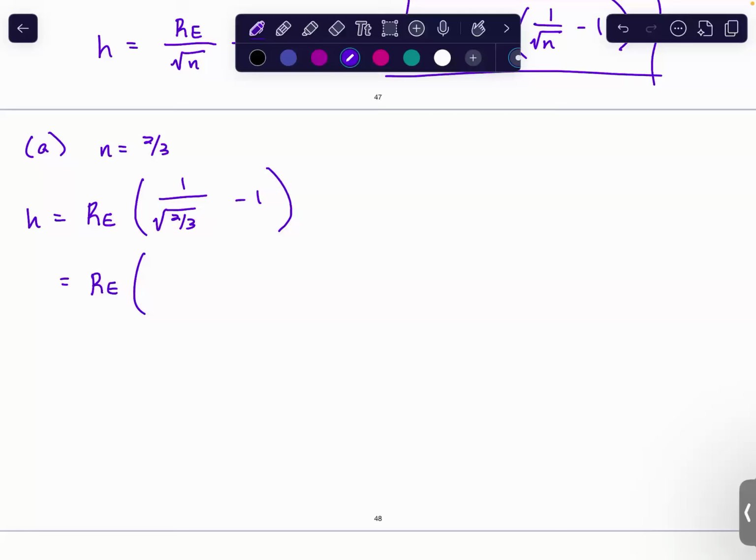And again, remember that's square root of 2 over the square root of 3, minus 1. We're going to bring that square root of 3 up to the top of the fraction. And for part A, our altitude gives us a gravitational field that's 2/3 the strength of Earth's gravitational field on the surface.